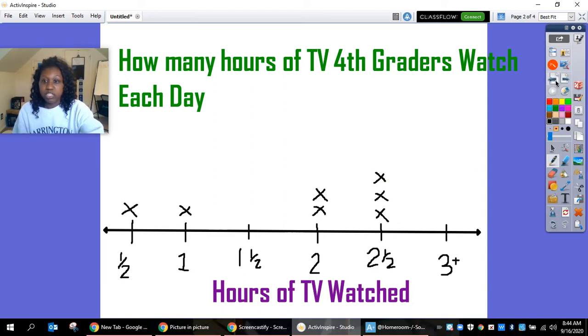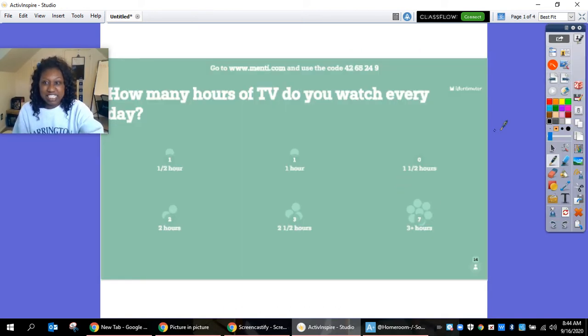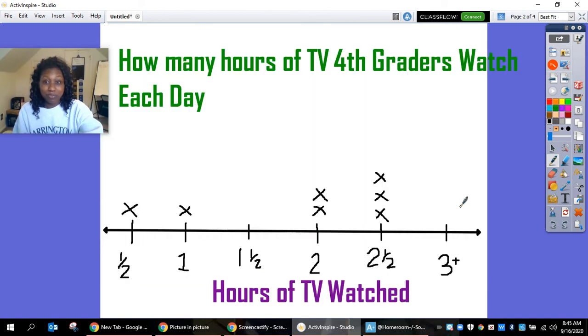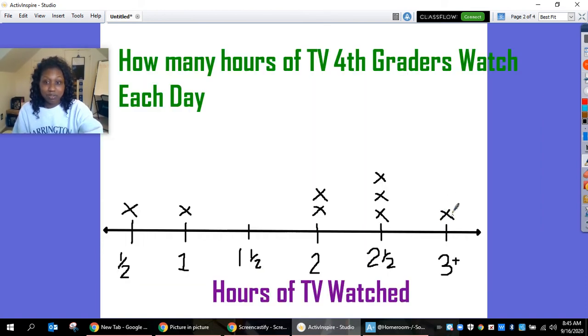And for people who watch TV 3.5 hours a day, 7 people. And there we have it. We've created our line plot.